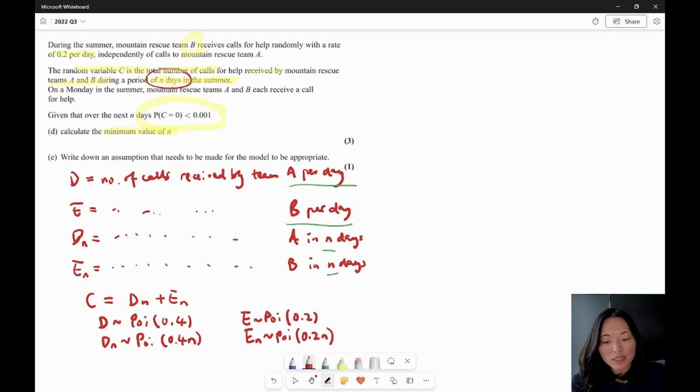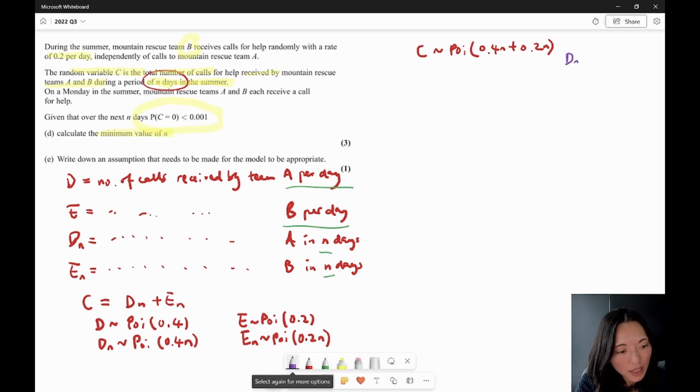So we've now written out the distribution for En and Dn. What about C? C is a sum of the two random variables, Dn and En. Again, a property of the Poisson distribution is that we can simply add the means of these two distributions. Therefore, C follows a Poisson distribution with mean 0.4n plus 0.2n, because Dn and En are independent of each other.